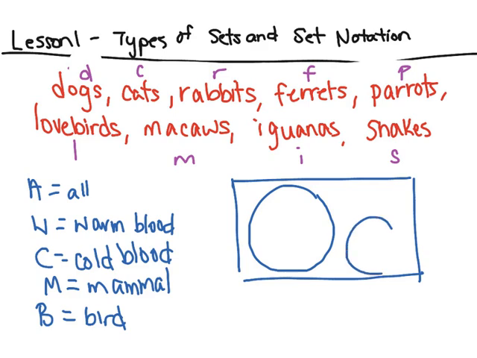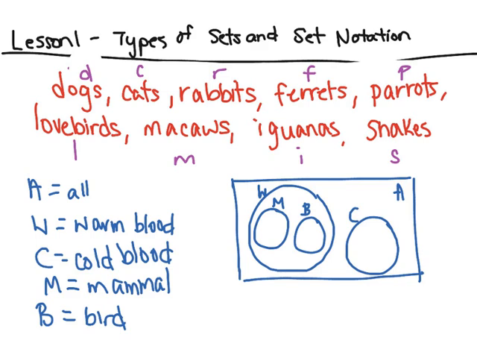They're two just disjoint sets. They are two separate things from each other. So A, W, and C. Now mammals and birds are both warm-blooded, so they will both go in here. So M and birds. So that is what our set would look like.